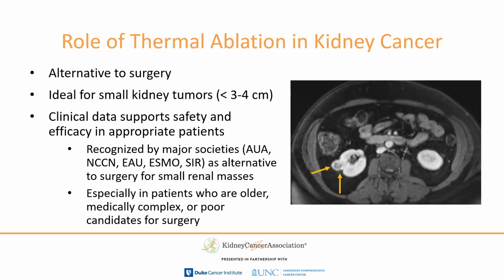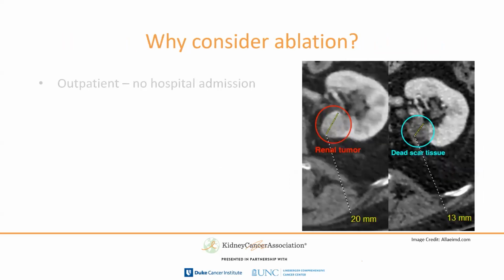So there's a lot of data. Most of the major societies recognize ablation as an alternative to surgery for small renal masses in appropriately selected patients, and is particularly well suited for patients who are not good surgical candidates. So maybe older patients, with other medical problems that make surgery a little more risky. Ablation is something to consider.